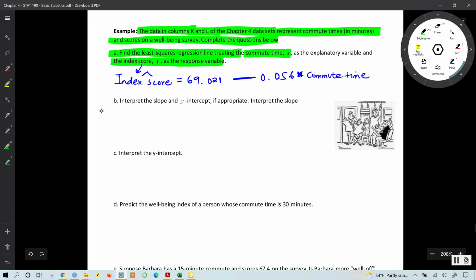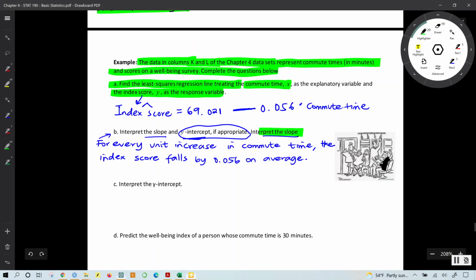And then next, I would like to interpret the slope and the y-intercept if it is appropriate. First, let's start off with interpreting the slope. To interpret the slope, first I will look at the slope. It's a negative value, and since it's a negative value, it means that every time the commute time increases by 1 unit, the index score would decrease.